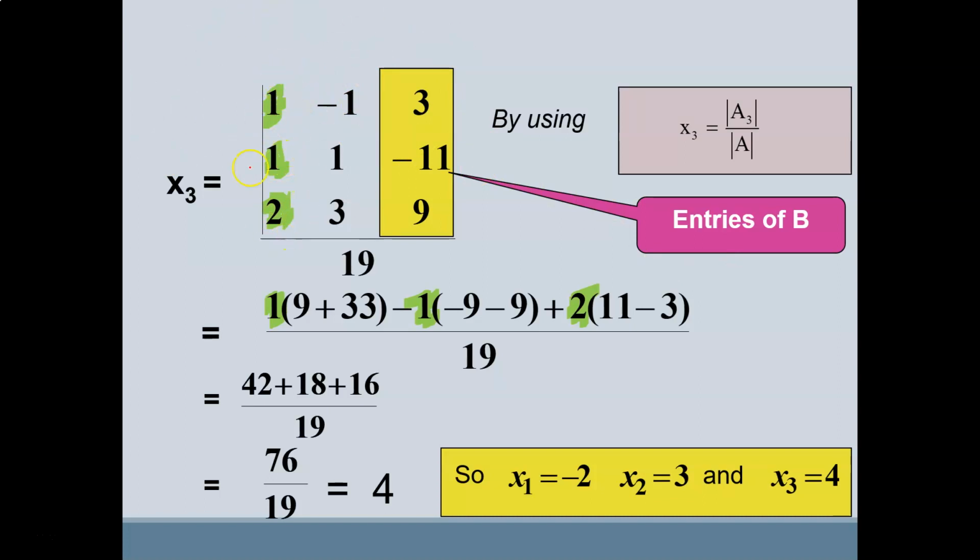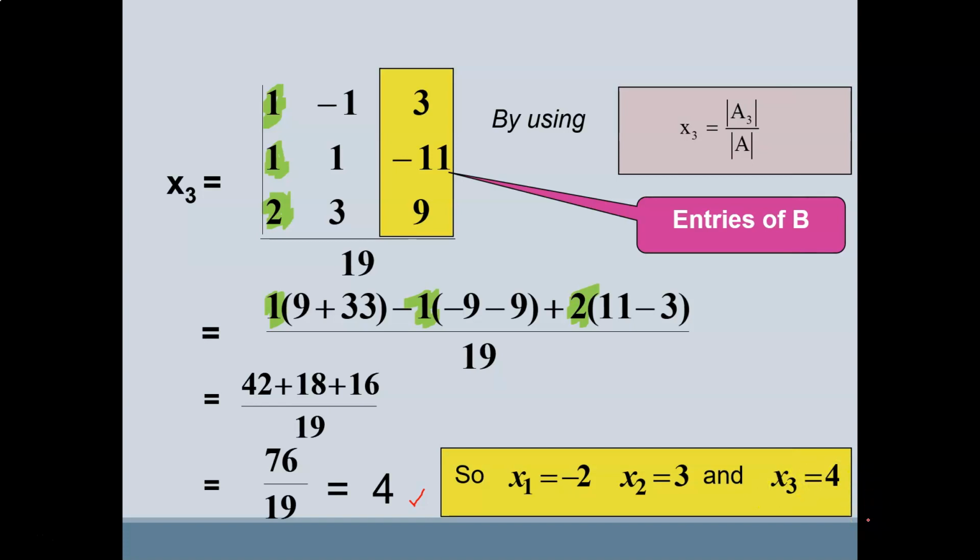Juga untuk cari determinant 1, 1, 1, and 2. Here is just the minus the operation. So you find the determinant, then you get the answer is 4. So you have solved the system of linear equation. You already found your x1 equal to -2, x2 equal to 3, and x3 equal to 4.